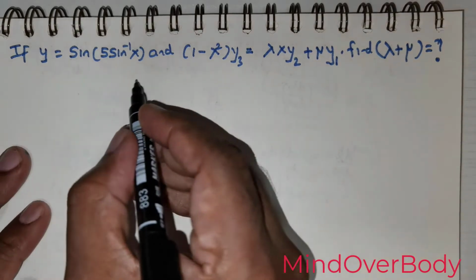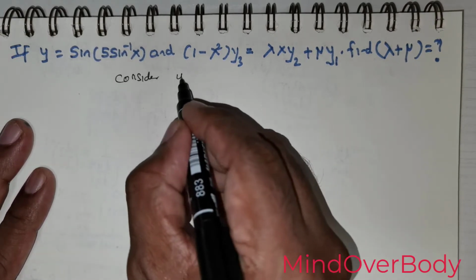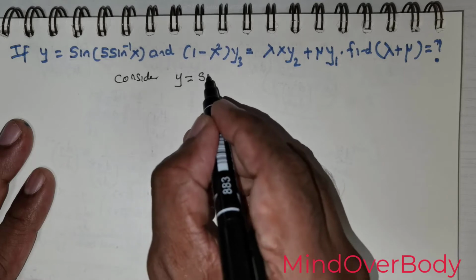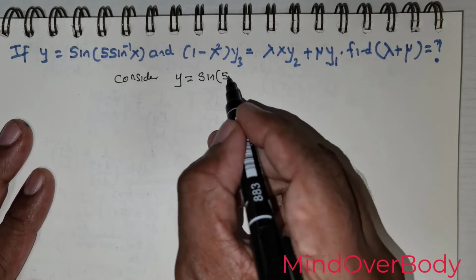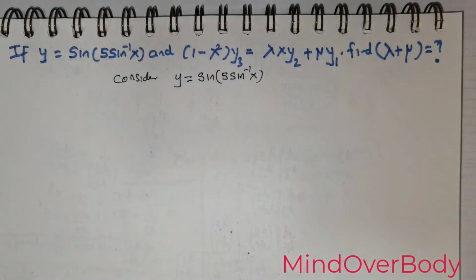So foremost, I would consider y equal to sin(5 sin⁻¹x). Now this is a beautiful question, and it involves some tentative threading.